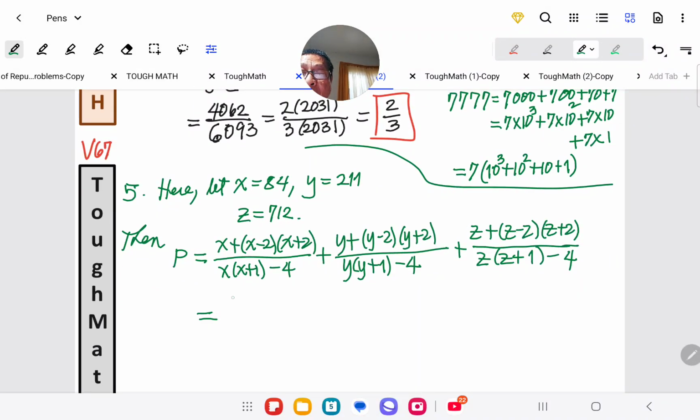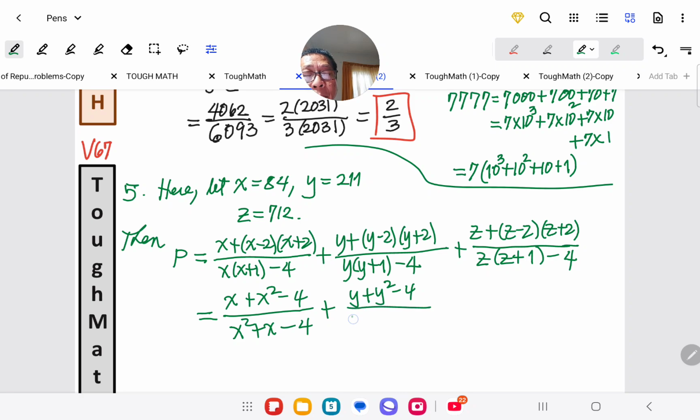So what happens now is we have x plus x squared minus 4 over x squared plus x minus 4 in the first summand, and in the second summand you have y plus y squared minus 4 over y squared plus y minus 4, plus z plus z squared minus 4 over z squared plus z minus 4.